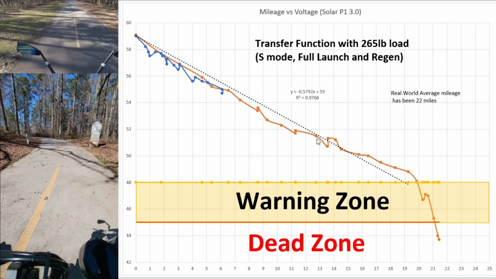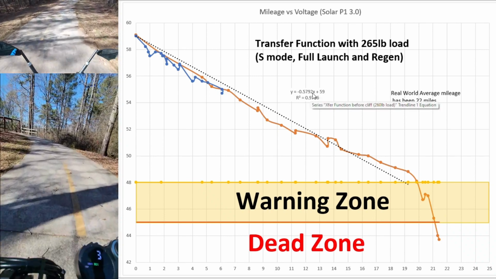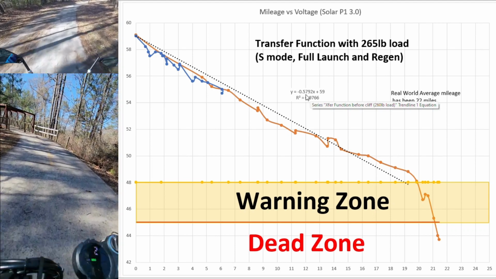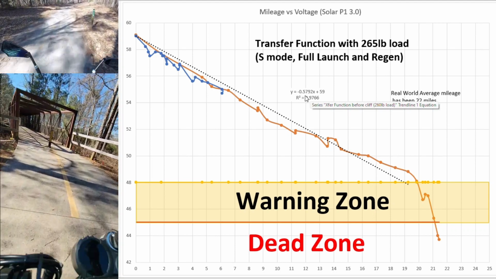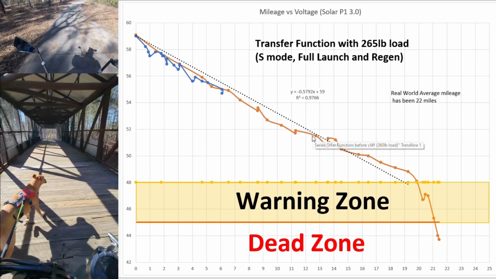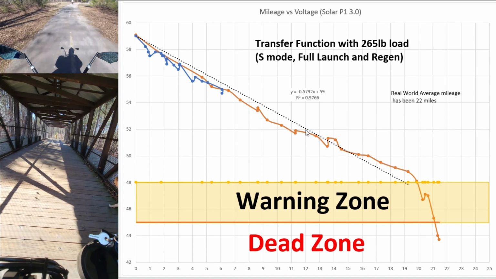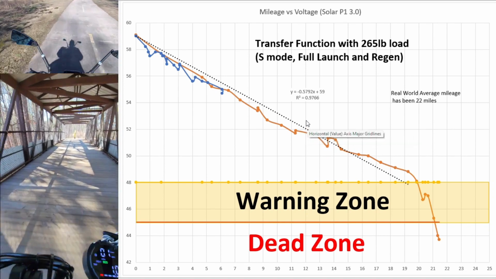So by knowing basically that for every mile I'm going to need about 580 millivolts of battery power, that allows me to estimate how far I can go before I get stranded.